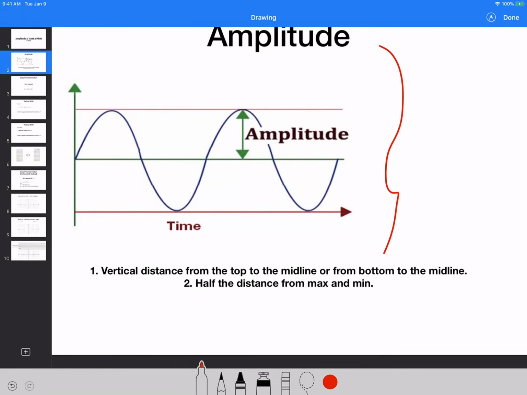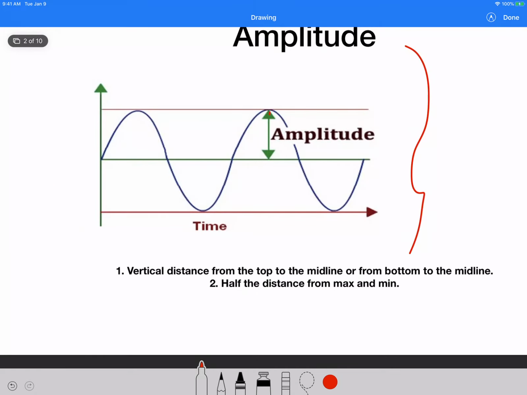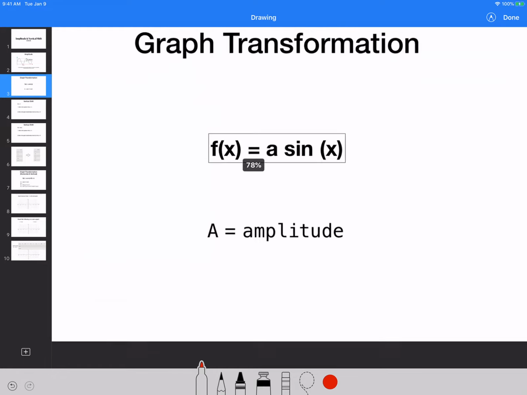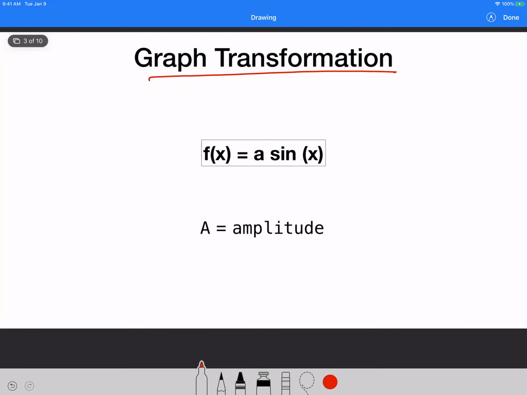You've seen this picture before where the amplitude is simply the distance from the midline to the top, or the distance from the bottom to the midline. All of these are called amplitude and we notate it by the letter A. In terms of graph transformations for the trigonometric functions, we have always been dealing with sine and cosine, just the regular ones, and they're both waves.